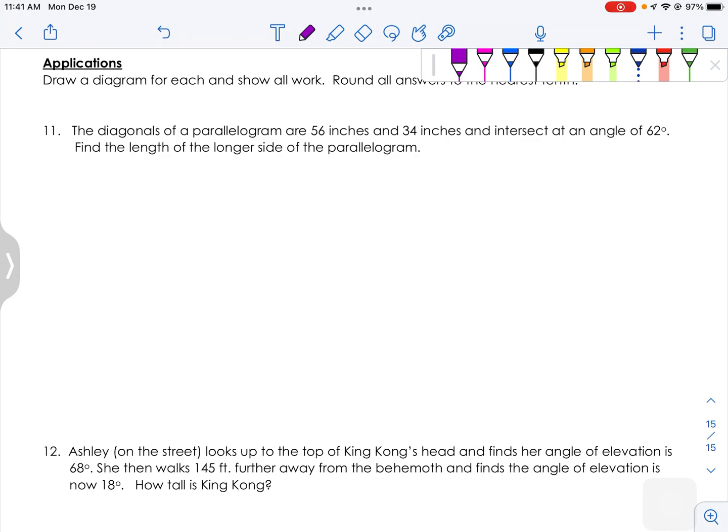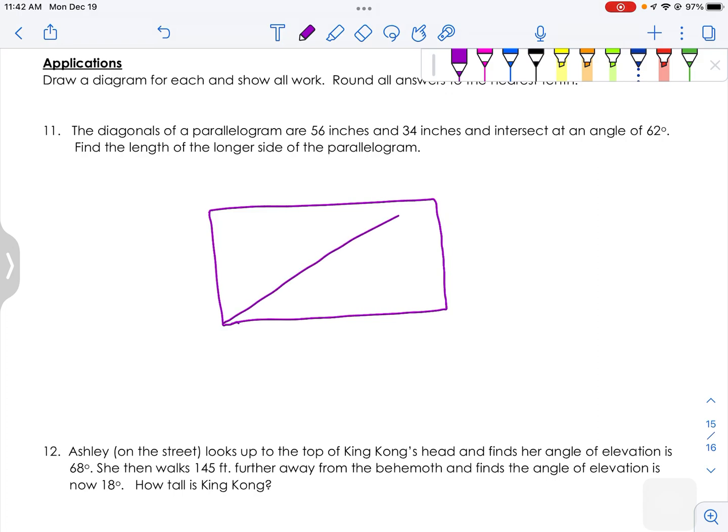The diagonals of a parallelogram are 56 and 34 inches and intersect at an angle of 62 degrees. So I have a parallelogram here, and two diagonals intersecting at 62 degrees. That's going to be the non-obtuse angle.